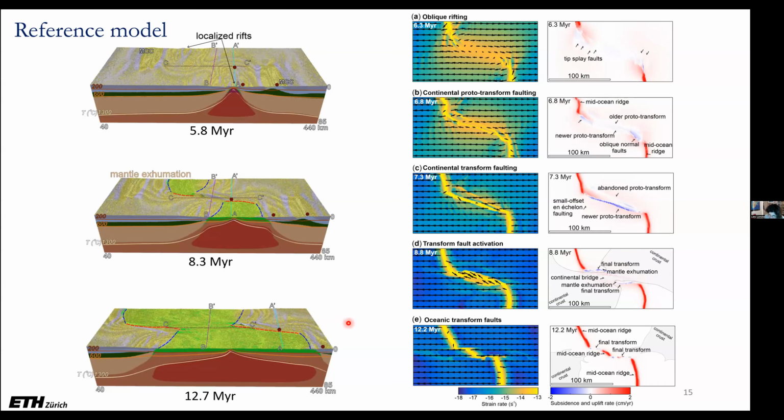It was very interesting. I was wondering if there were specific conditions for allowing mantle exhumation during the transform continental stage, as you mentioned. Yeah, so we ran many simulations with different mantle thermal gradients, with different divergent velocities, because it's a competition between strain localization and mantle melting.